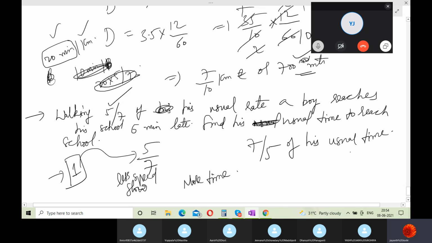See, if I take less speed, my capacity is, for example, 1, and I'm not going with my full capacity.